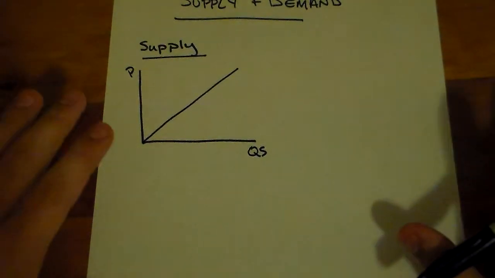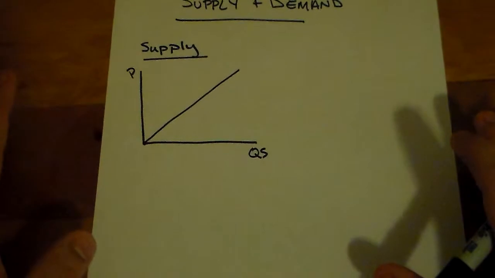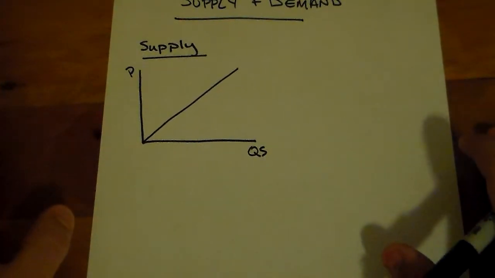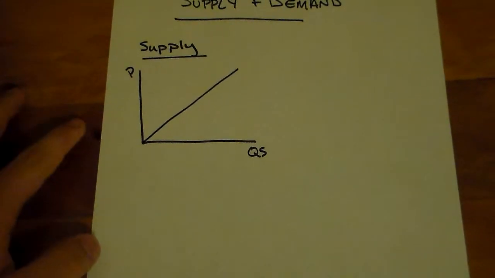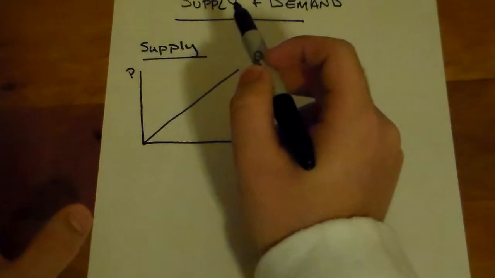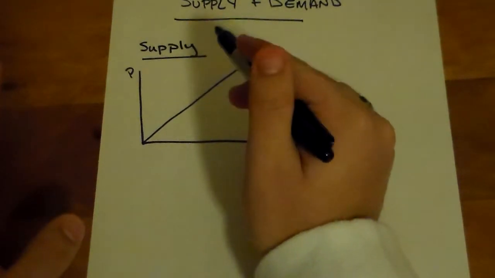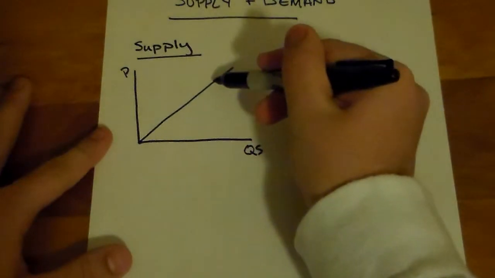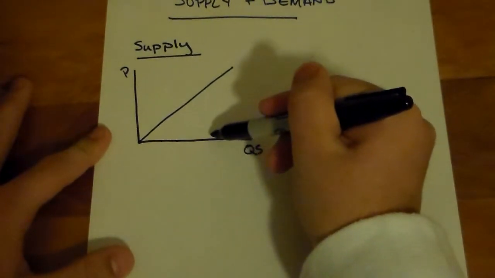Supply deals with more of the producer side than the consumer side. Pretty much, if I were a producer selling something like pineapples, and I were to sell at a higher price, I would supply a greater quantity.